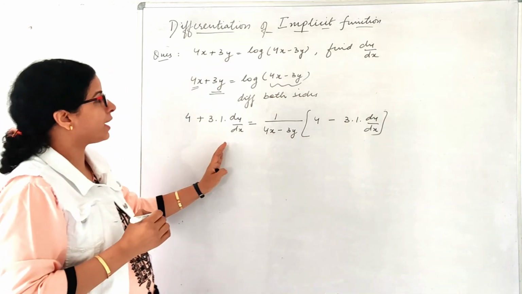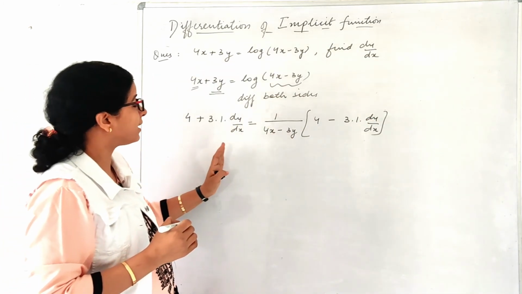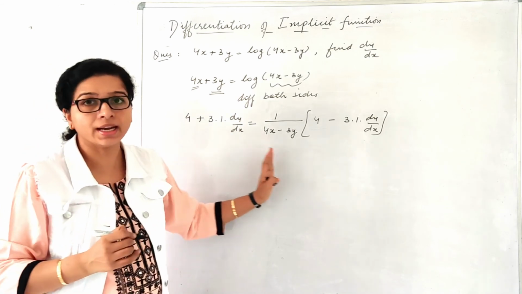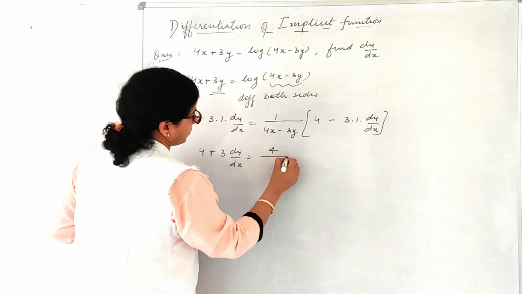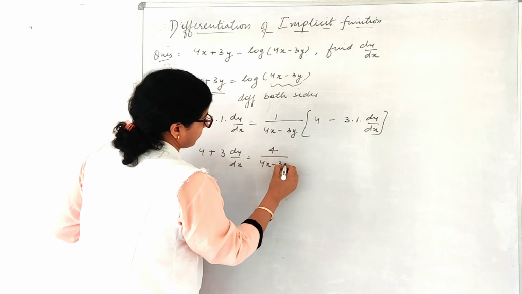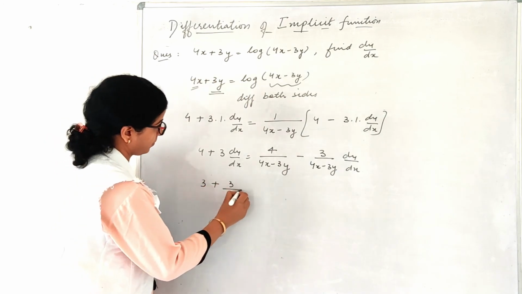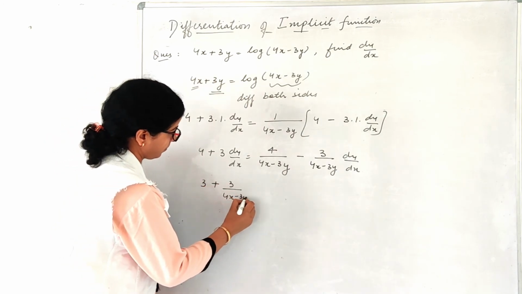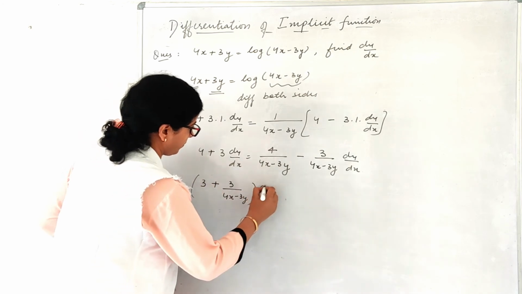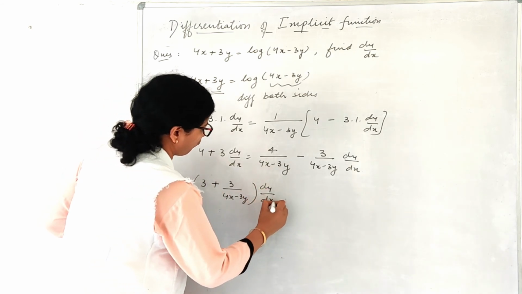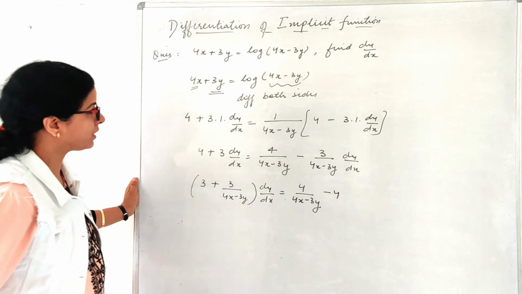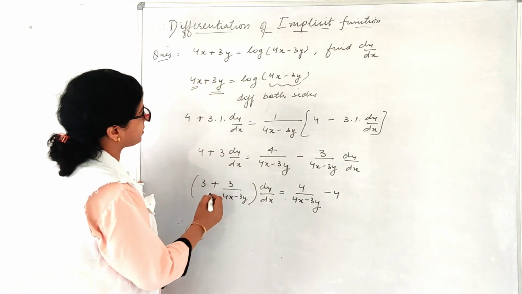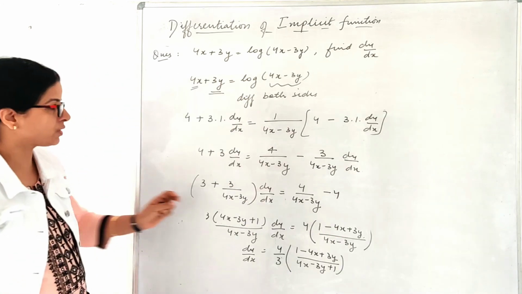Now we have to find the value of dy by dx. So we'll collect the terms of dy by dx to one side. Now we'll solve it and we'll get our required answer. So what is my required answer? This is my desired answer.